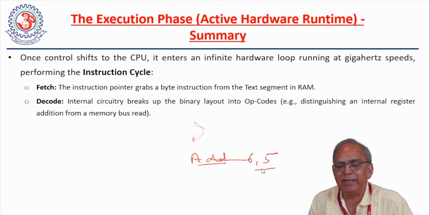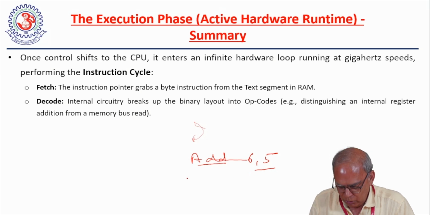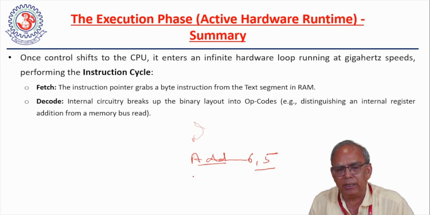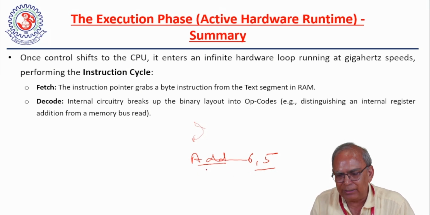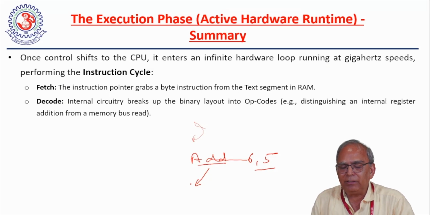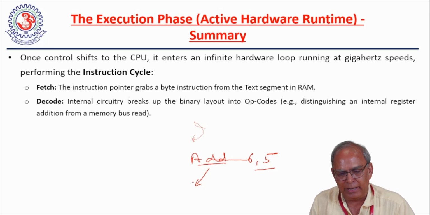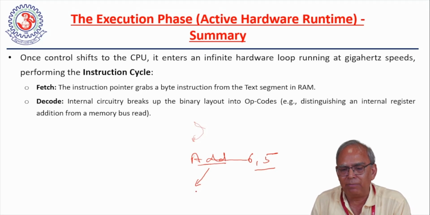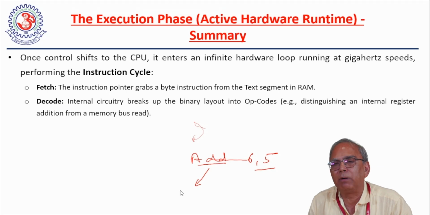Here I have taken constants, and the intent is that we need to add 6 and 5. So during decode, with add, it will generate the corresponding code, because the binary code is already available. This binary code basically refers to something like a key on the piano.